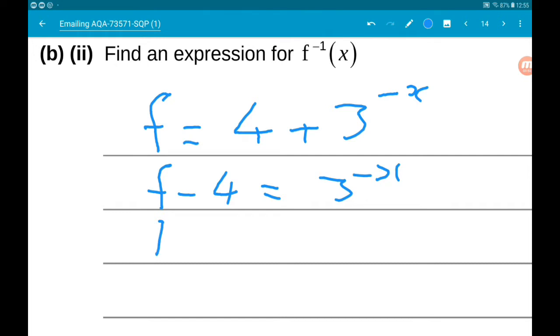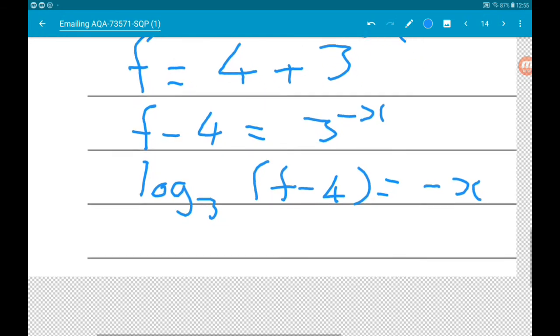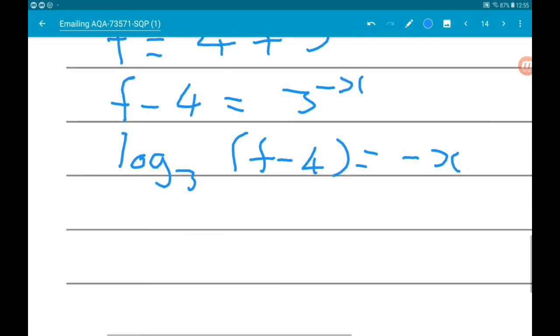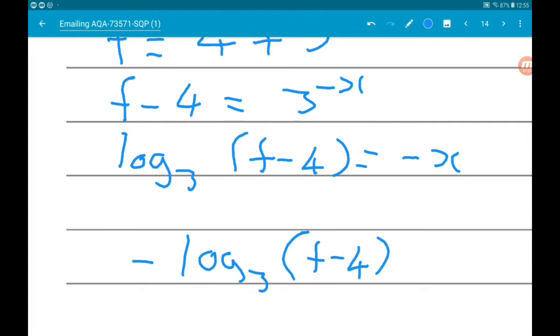So log base 3 of f minus 4 is equal to minus x. If we multiply both sides by minus 1, minus log base 3 of f minus 4 is equal to x.